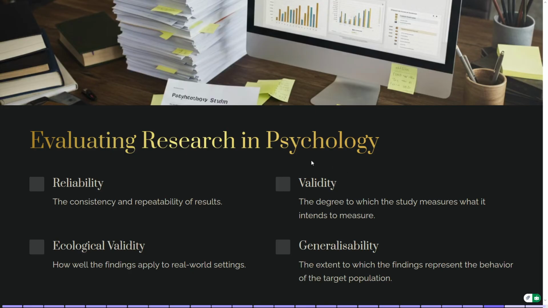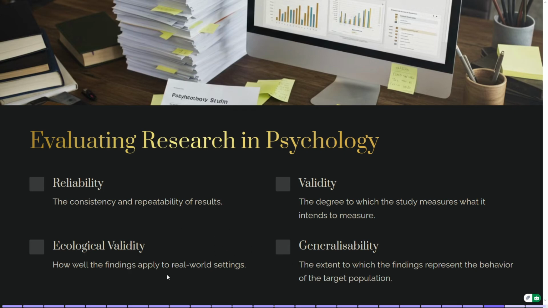So another one is validity, the degree to which the study measures what it intends to measure. If you're trying to measure memory, then are you actually doing something that measures memory? Are you using a test that measures memory, or what you're doing does not really measure memory? So that is validity. Ecological validity, how well the finding applies to the real world.